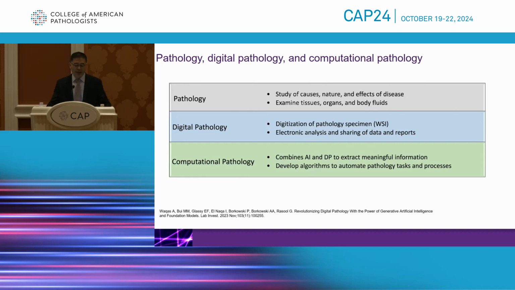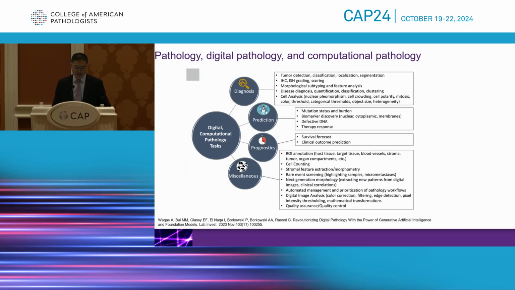Digital pathology is a tool to digitize those glass slides into digital files. Then computational pathology uses those digital files combined with computation power and AI to either help you with the diagnosis or predict some response or genetic alteration in your routine practice.